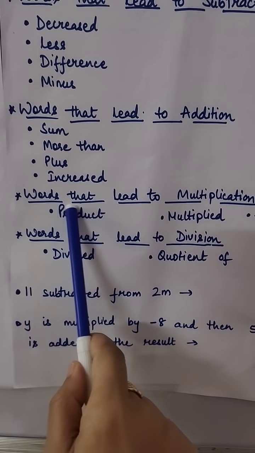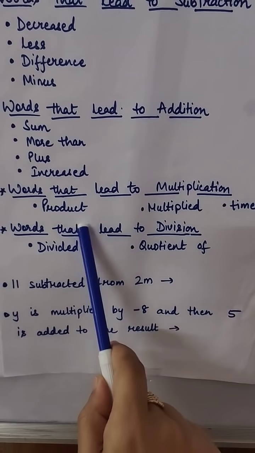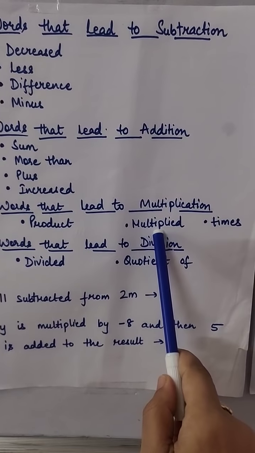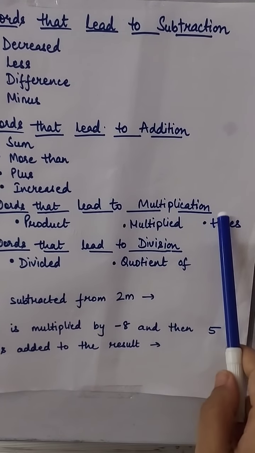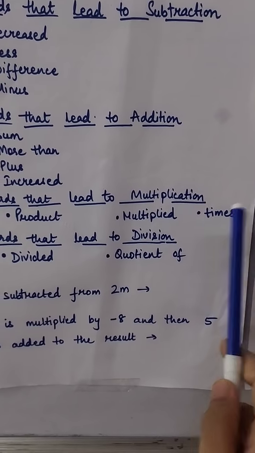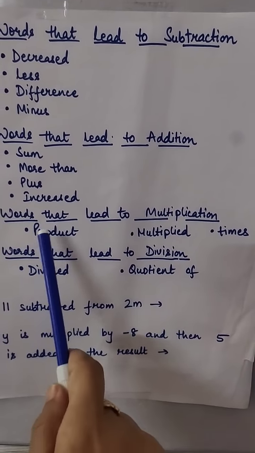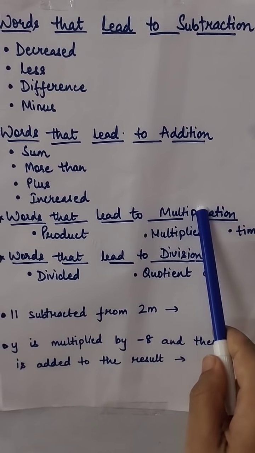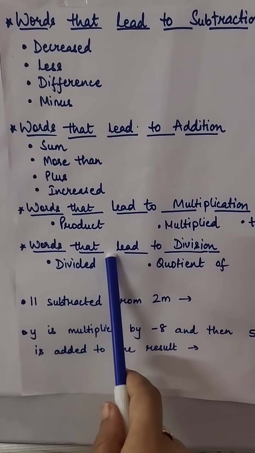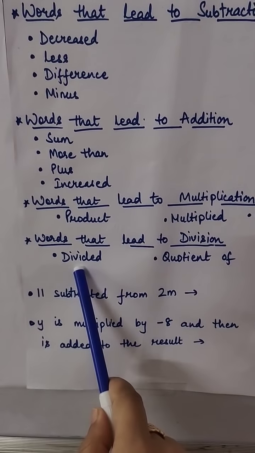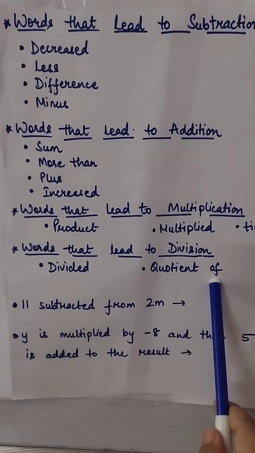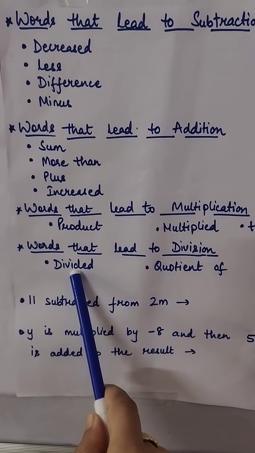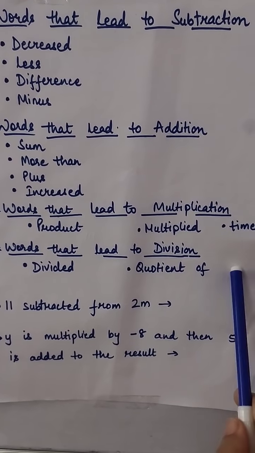Similarly for multiplication, what can we use? We can use product: product of y and 3, or 3 multiplied by y, or 3 times y. So when we use the words product, multiplied, or times, we are actually multiplying. And what are the words that lead to division? Divided, or quotient of: y divided by 3, or quotient of y and 3.